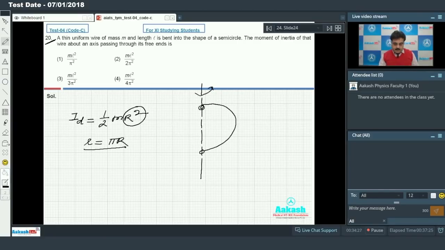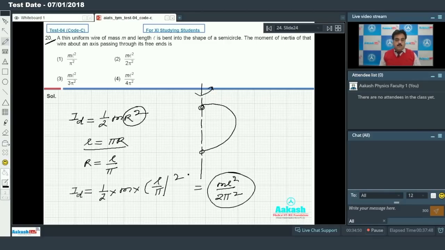So L is equal to pi r and r is equal to L upon pi. When I place the value 1 by 2 into m, and in place of the radius L upon pi with the square, on solving we get ml square upon 2 pi square. So this is the final value. On behalf of that, we can say my option number 2 is correct. So let's move on to question number 21.